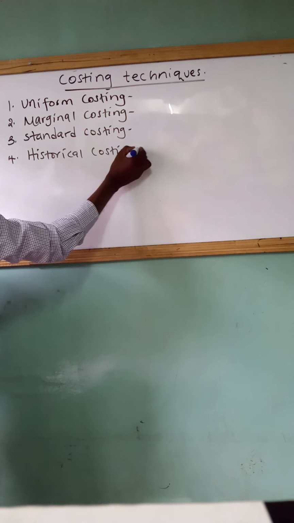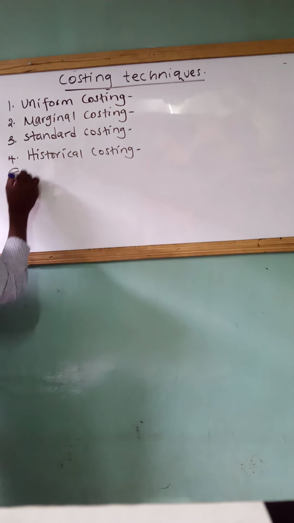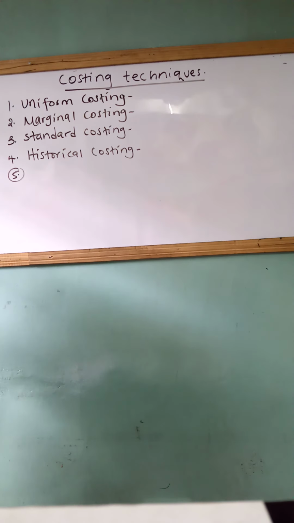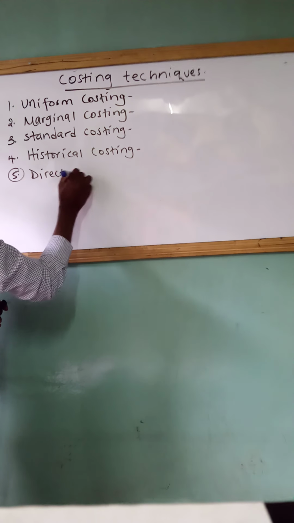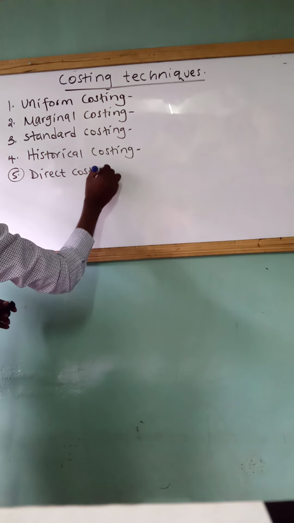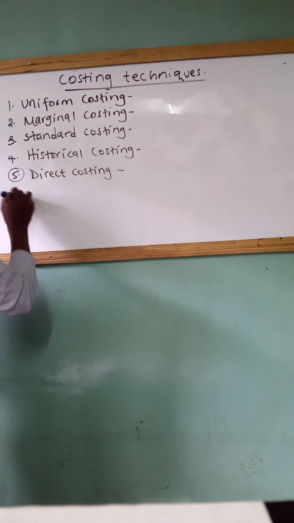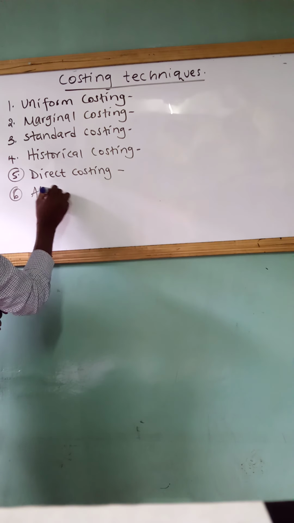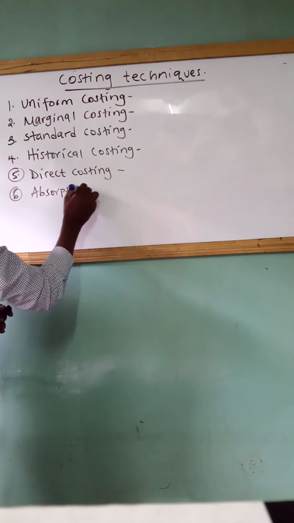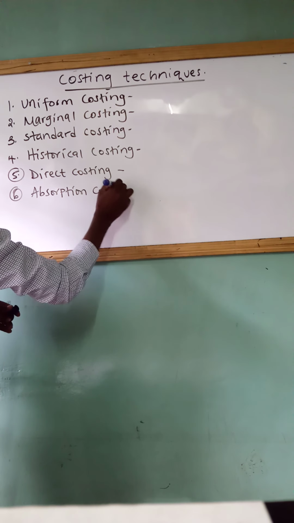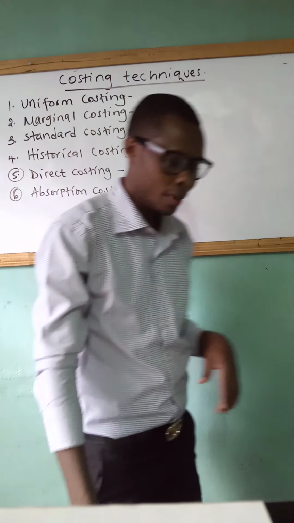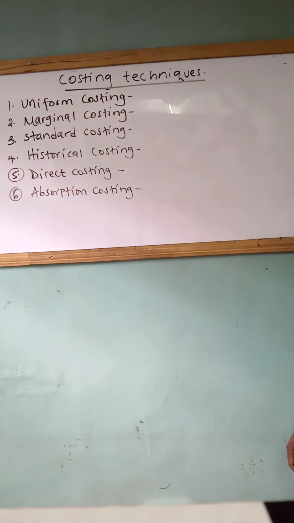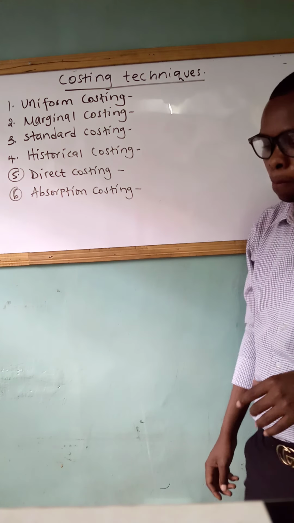Then we have what we call direct costing. And then we have what we call the absorption costing. Okay? Now, let's begin with the first one, that is uniform costing.